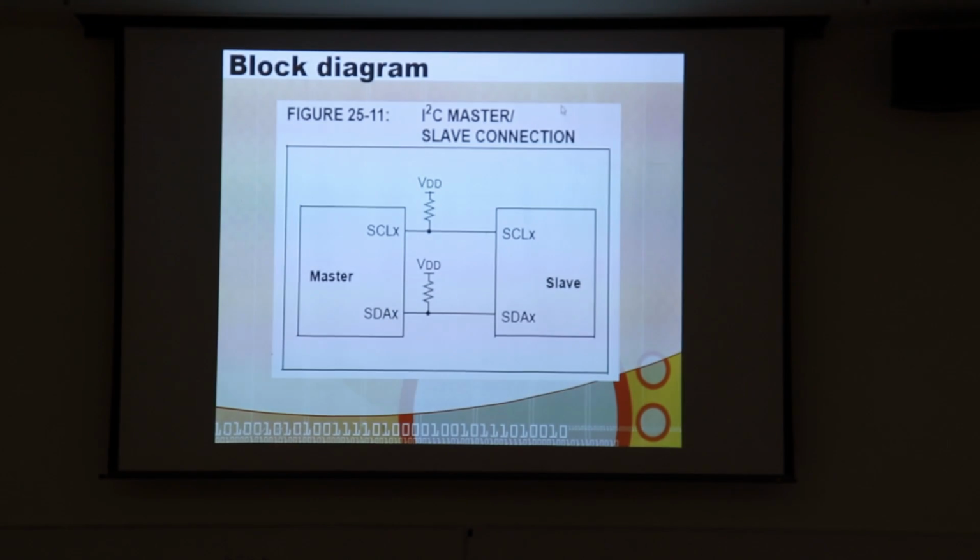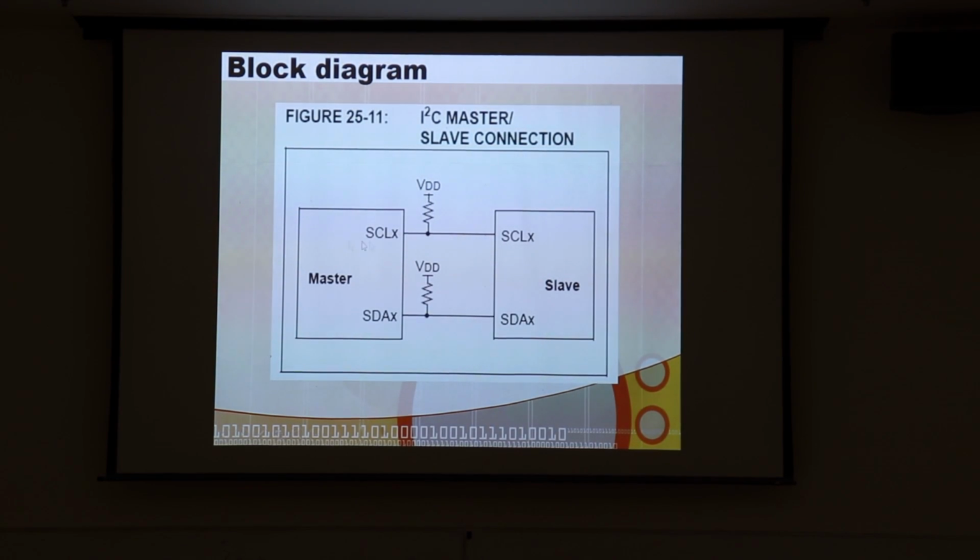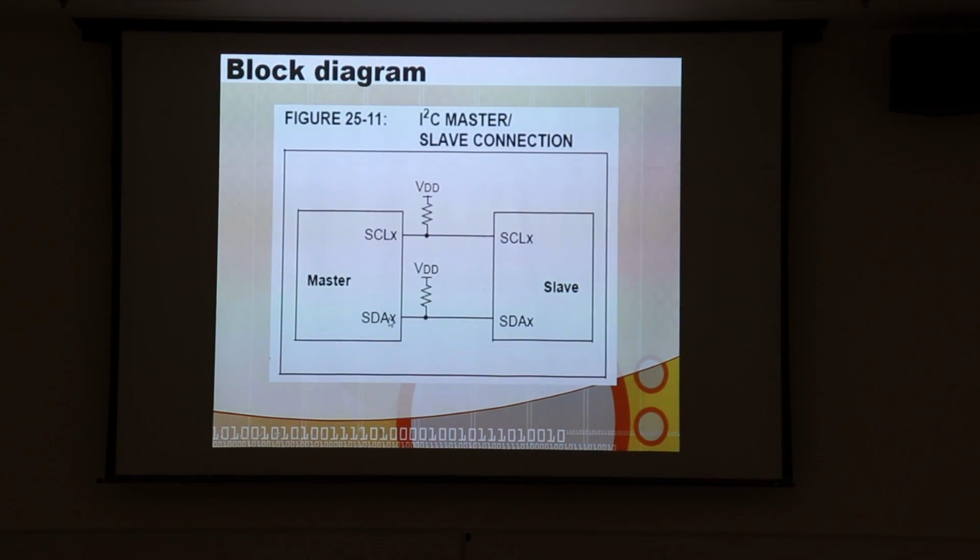All right, so anyway, block diagram. So a typical hookup is like this. So you have an SCL line and an SDA line, and the little X is because you can have SCL1 or SCL2, and then you have a slave out here, which really only has usually one SCL and SDA line. There actually are some devices.